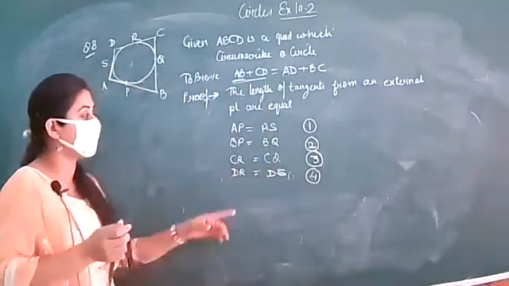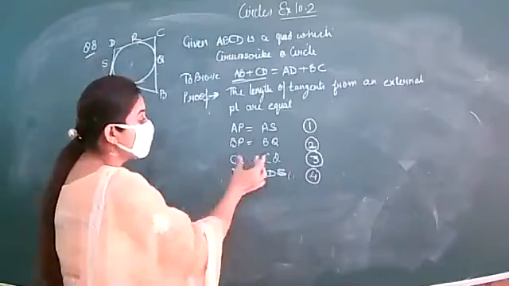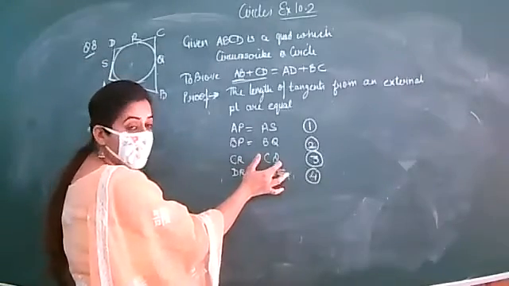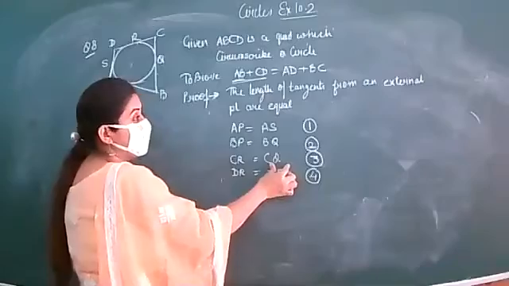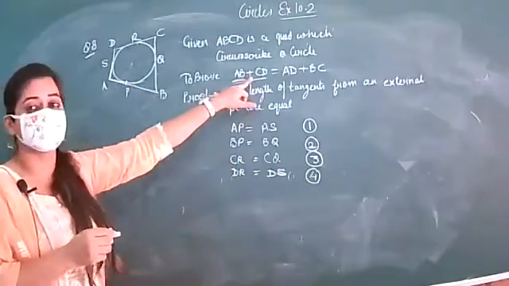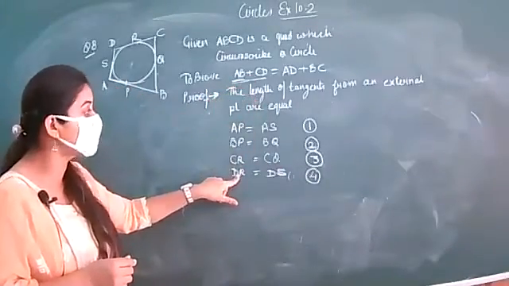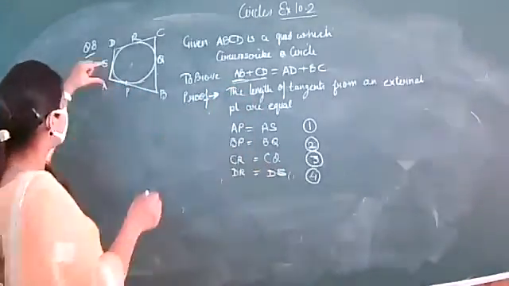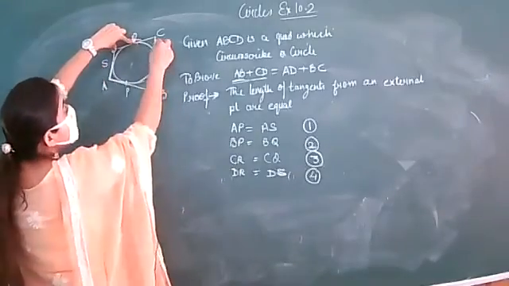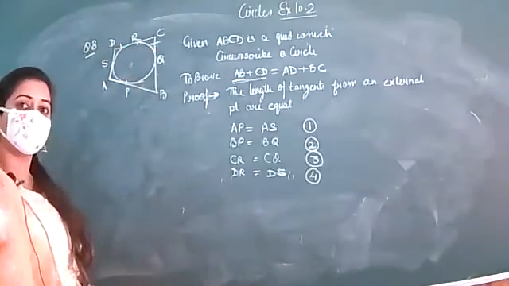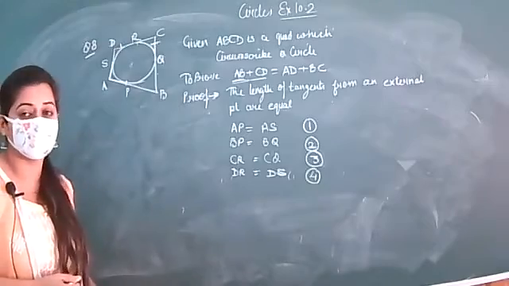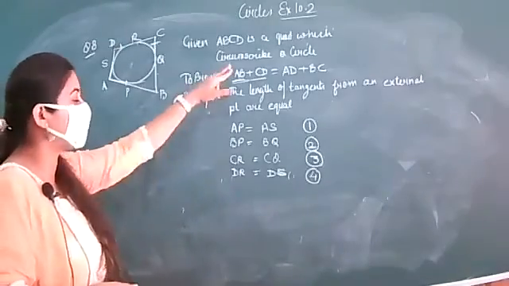So be careful while writing this term. If you write any of the terms in the wrong order, if you write CQ here and CR here, then you will not get this result, because this DR can't be added with CQ. So be careful while writing this result in order to get your answer.